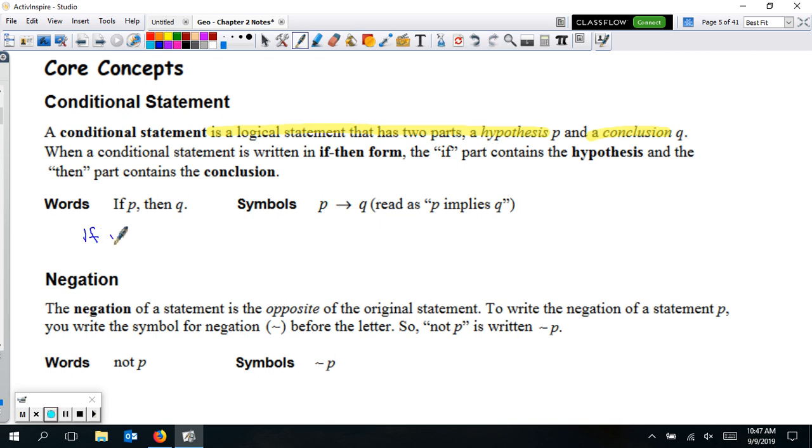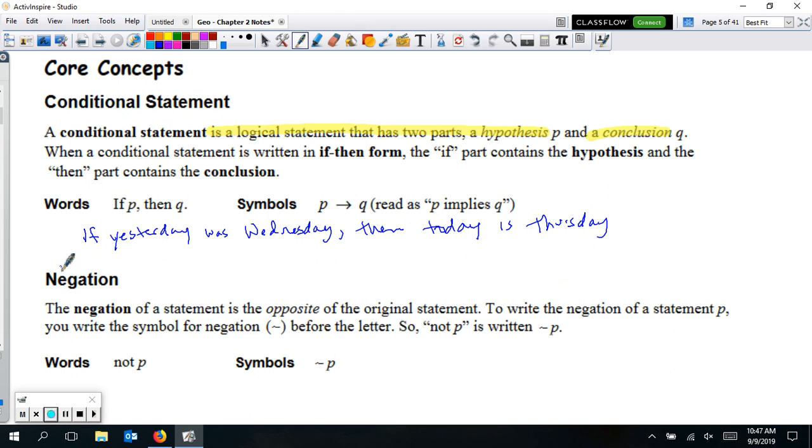So it said, if yesterday was Wednesday, and then comma, so that's the hypothesis right there, the if part, then today is Thursday. And that's the conclusion part, the then part. And we're going to use this same statement each time. We're going to rewrite it a little bit differently each time based on what these next things are going to be telling us to do here.